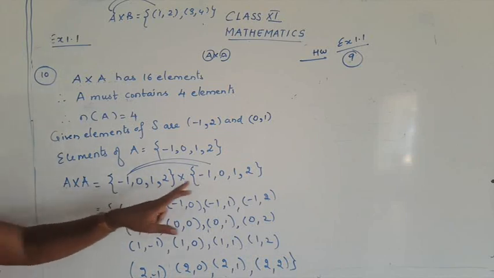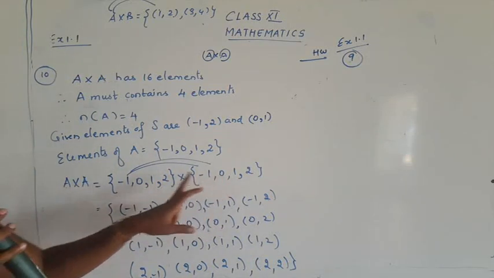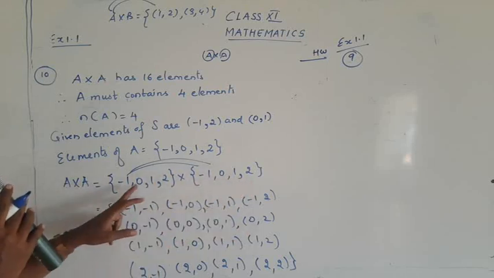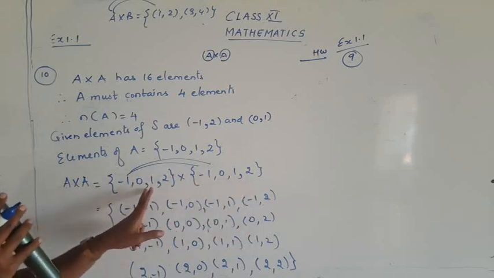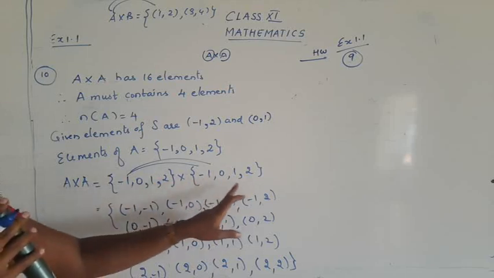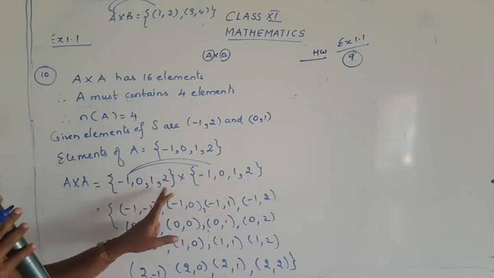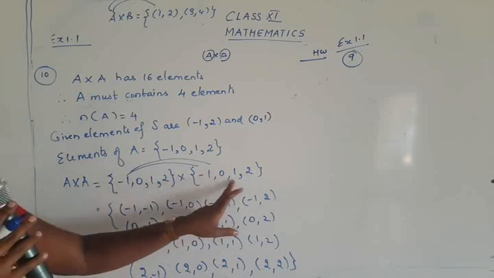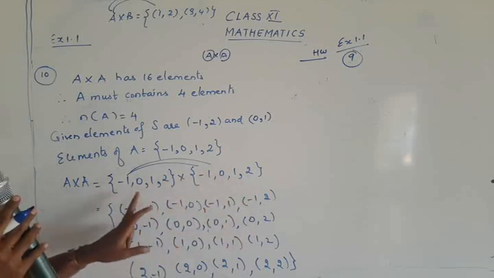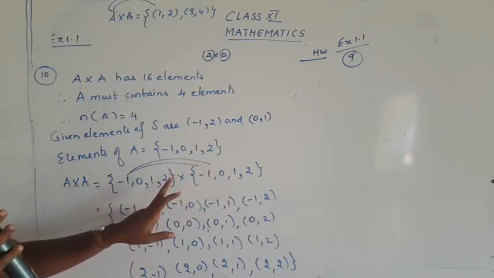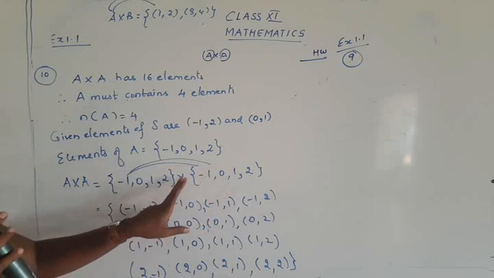That's (-1, -1), (-1, 0), (-1, 1), (-1, 2). Then (0, -1), (0, 0), (0, 1), (0, 2). (1, -1), (1, 0), (1, 1), (1, 2). (2, -1), (2, 0), (2, 1), (2, 2).